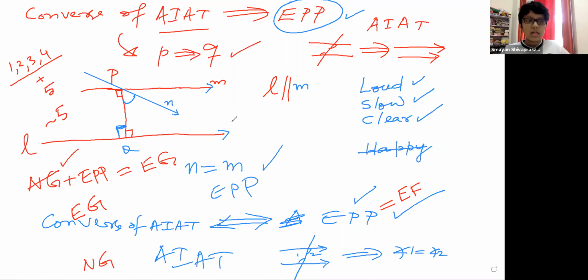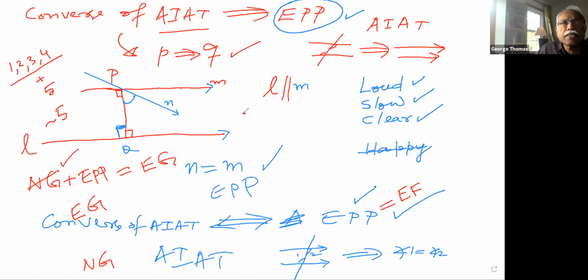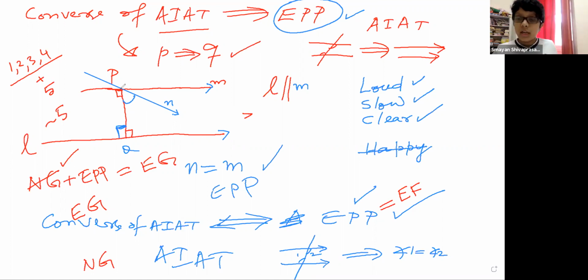We know there is at least one parallel through P, don't we? The opposite of EPP is that... that won't work. We can't say that if there are two lines that are parallel, there is one point where you can draw a perpendicular from. No.